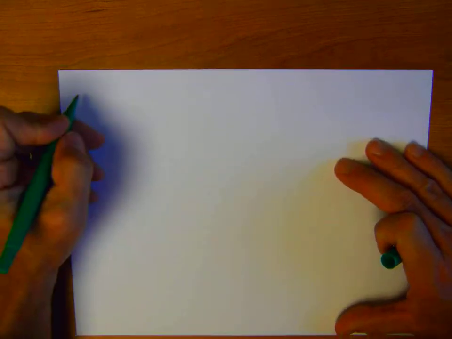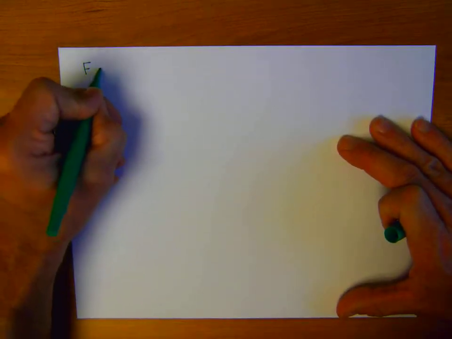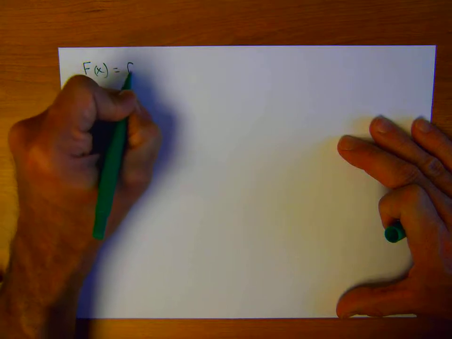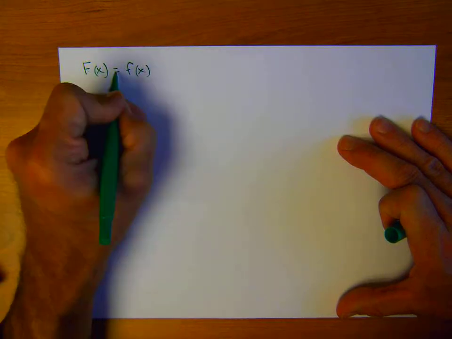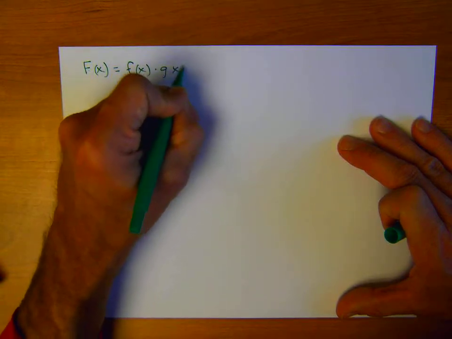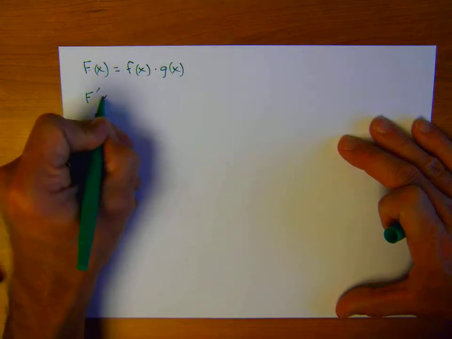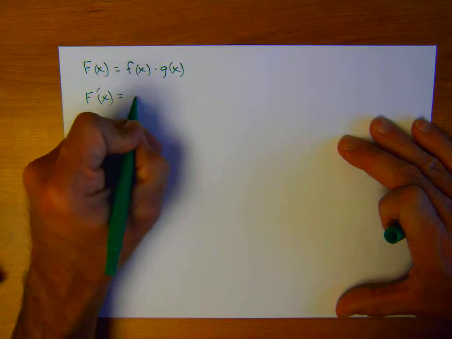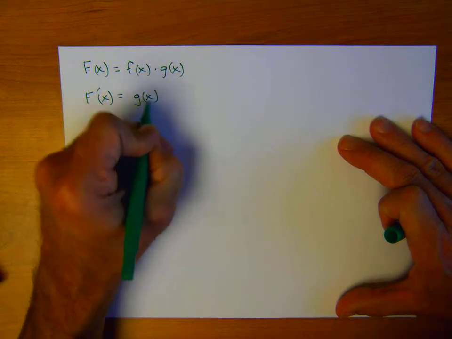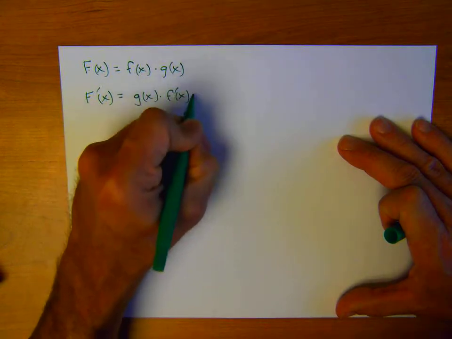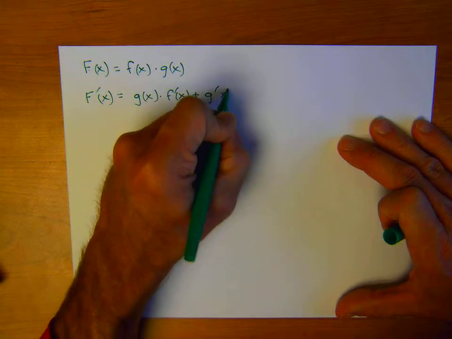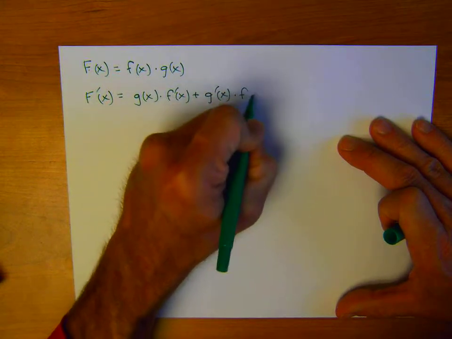So that gives me a nice clean result. If I rewrite this again real quick, big F is little f times little g, where f and g are both differentiable. Then what I end up with is g times f prime plus g prime times f.